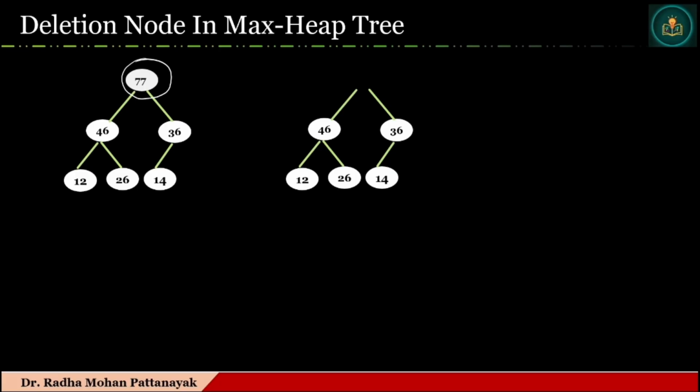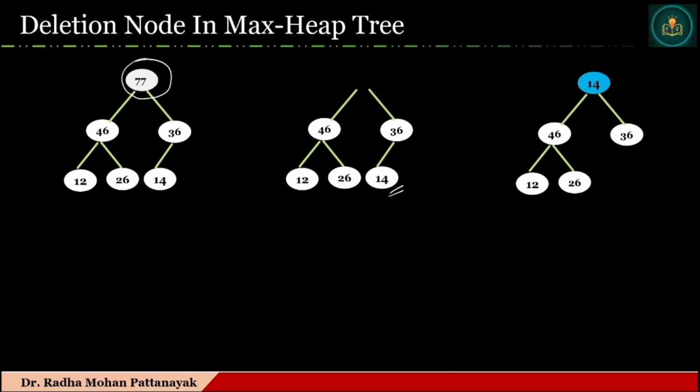So the rule says that the root node in a max heap tree can be deleted only by replacing its position with the last leaf node present inside the heap tree. Clear? So if you want to delete the root node, you can delete it only by replacing it with the last leaf node. What is the last leaf node here? 14. So after replacing with 14, we can delete the root node from the tree.